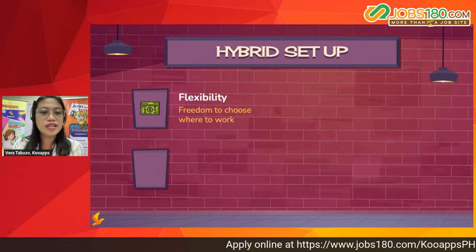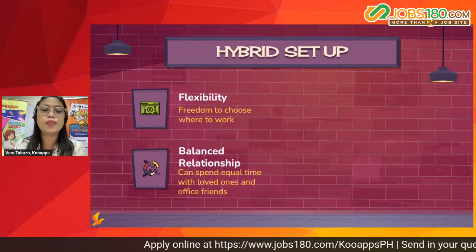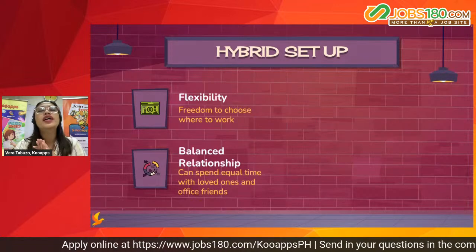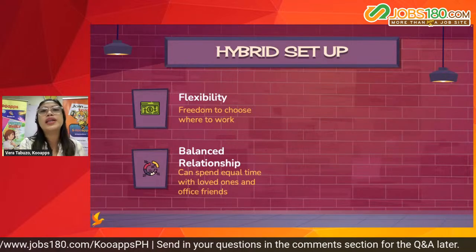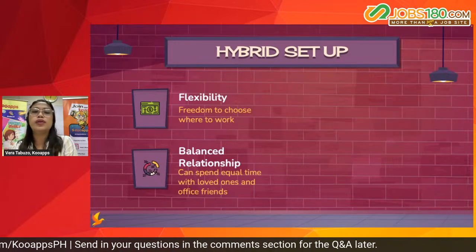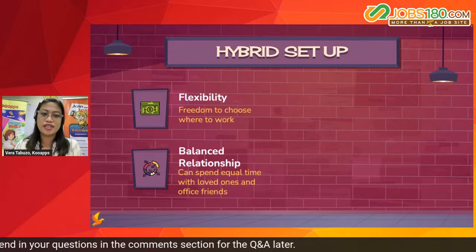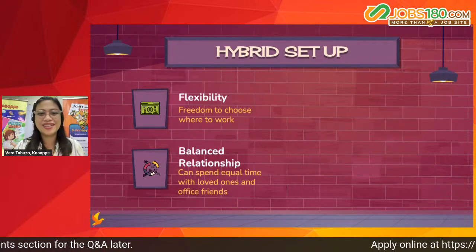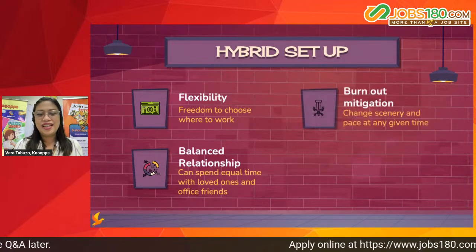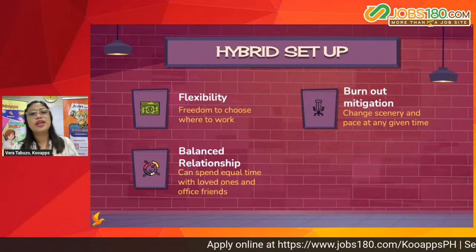Next one is a balanced relationship. As what I have mentioned earlier, you have the right balance of spending your time with your family and with your work friends. So you get the best of both worlds. And next is burnout mitigation.